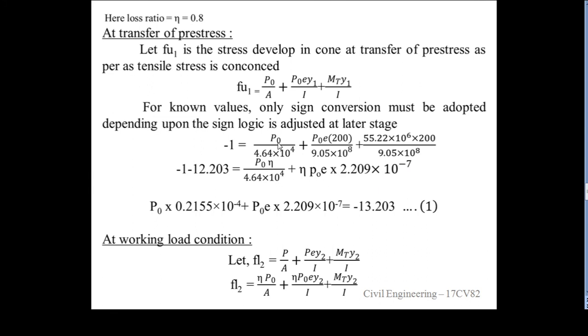Then here P naught, that is 4.64. This is the value. This is P. This P naught is replaced by P into nu. Here P into nu.